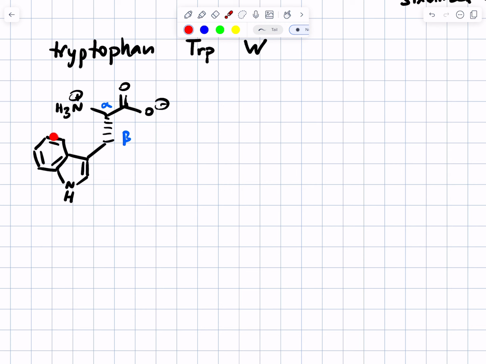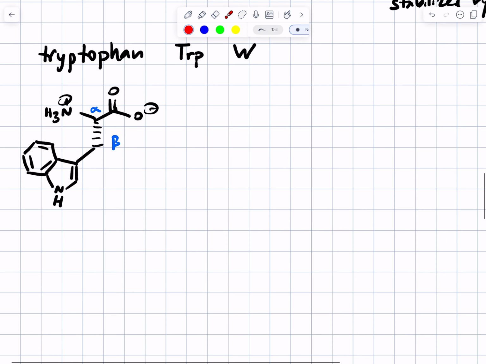And all of the atoms in this ring are sp2 hybridized. They're part of a conjugated pi system. I think those are words we have not talked about and you don't need to worry about. You can accept it on faith that tryptophan is aromatic.